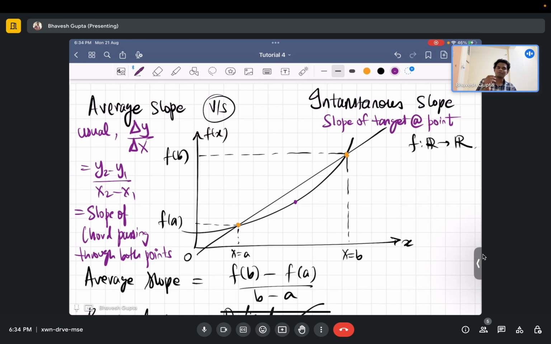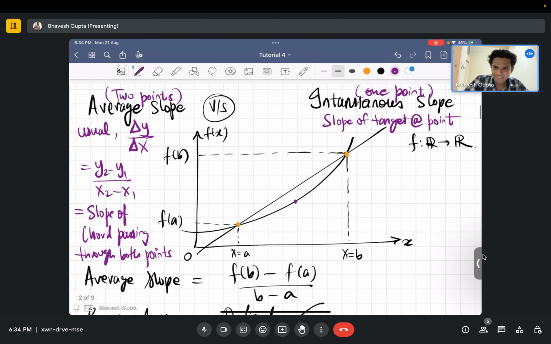To define an average slope, we need two points here. To define an instantaneous slope, it is defined for a single point, one point. As far as two-dimensional geometry is concerned, we are doing everything on a page, so we don't have any other dimension to work with.